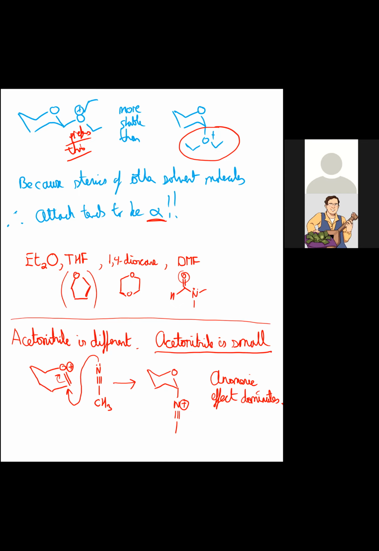So what's going to happen next? If you think about that, you have the anomeric effect there and your nucleophile is in there. Just like with ether, what we expect is to be basically setting up an equilibrium between acetonitrile staying close and acetonitrile forming the bond.